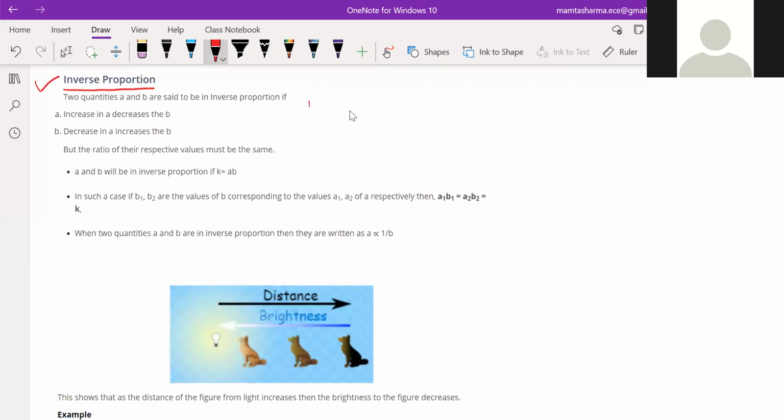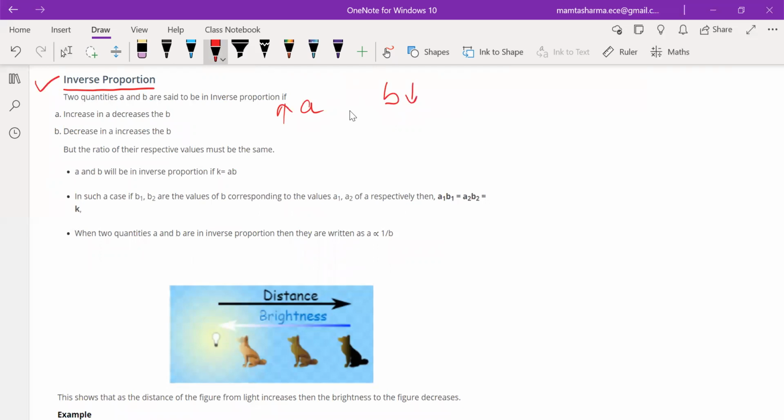Inverse proportion: if there are two quantities, and A increases, B would decrease. For representing them in an inverse proportion, the same symbol is used. Only here there will be a change. A will not be proportional to B. A will be proportional to 1 by B. This is the representation of inverse proportion.